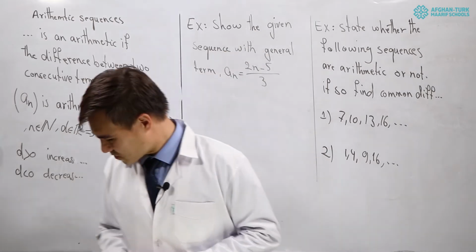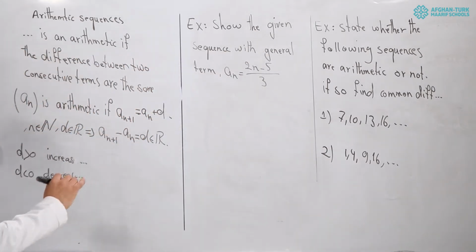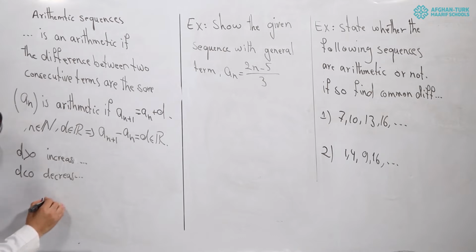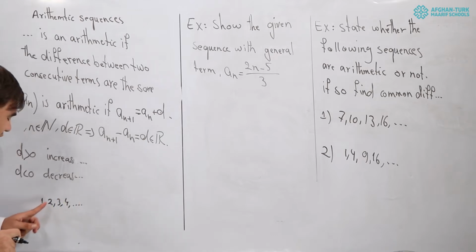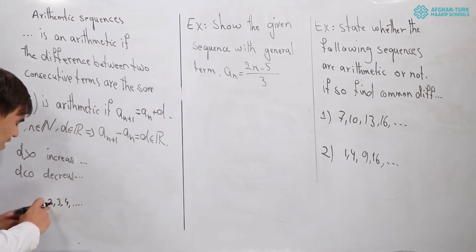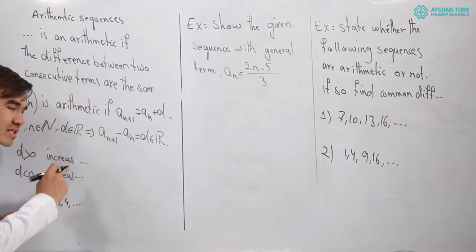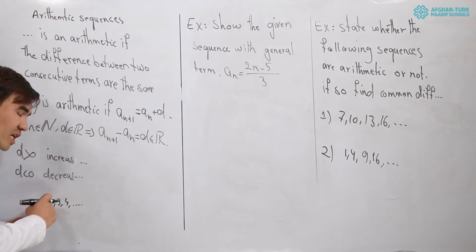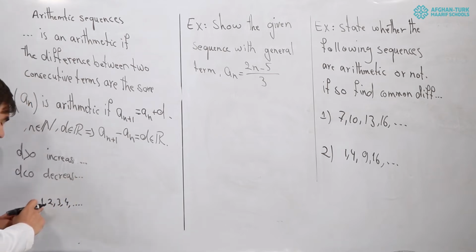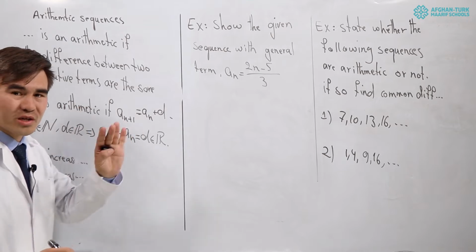For example, if I have a sequence like 1, 2, 3, 4, and it goes on, 1 is called a consecutive term with 2, and 3 is called a consecutive term with 2, because they come right before or after each other.